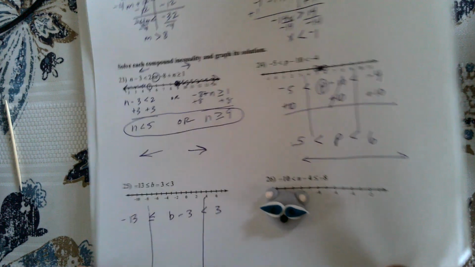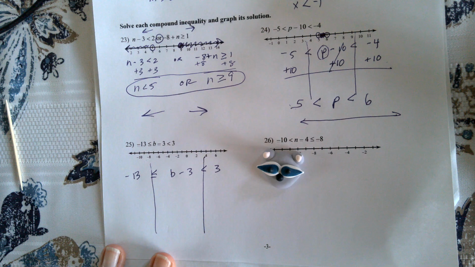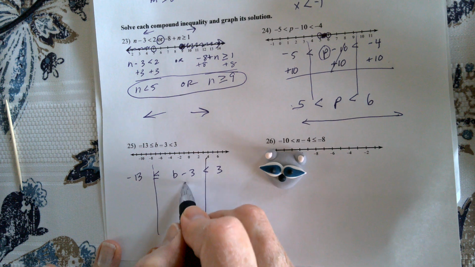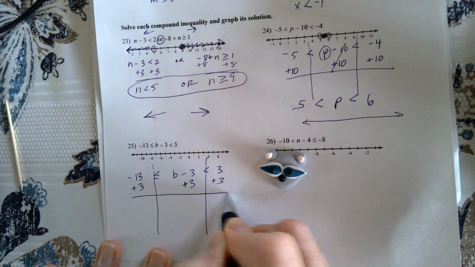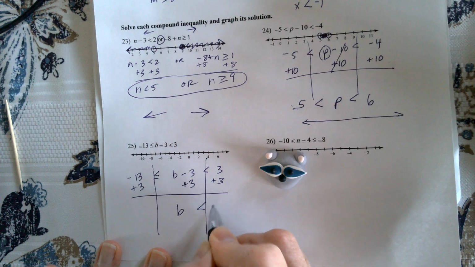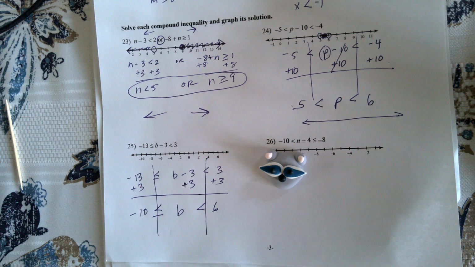I want the B isolated and left in the center by itself so that B is between a high and low number. So I end up with B is between negative 10 and 6.